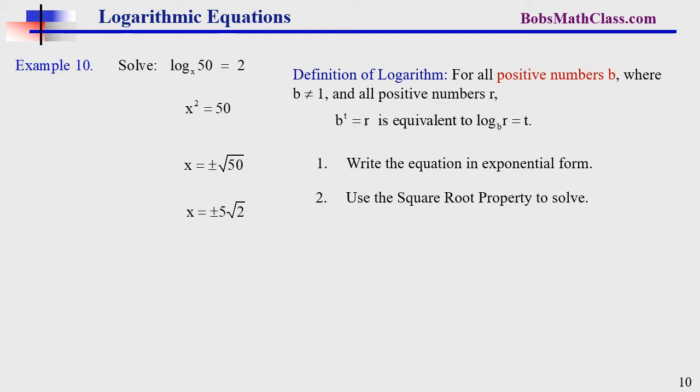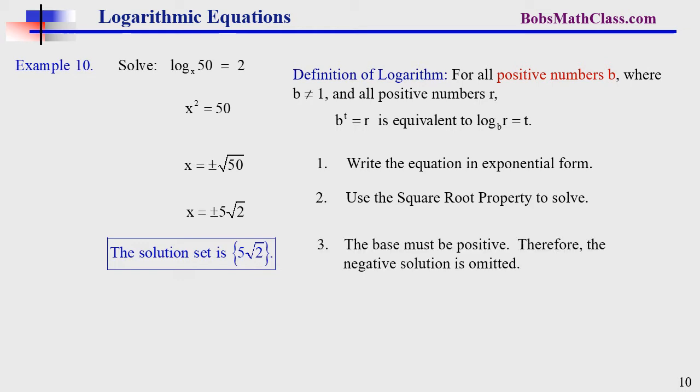Again, we need to omit the negative solution, so our answer is only 5 square root 2. Again, the base must be positive, therefore the negative solution is omitted.